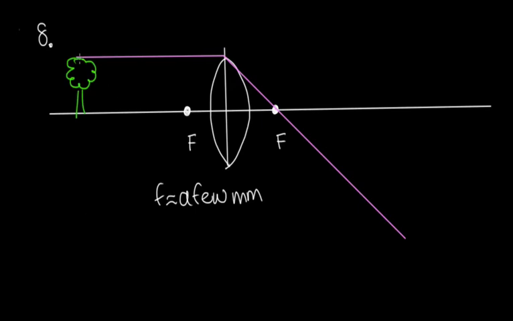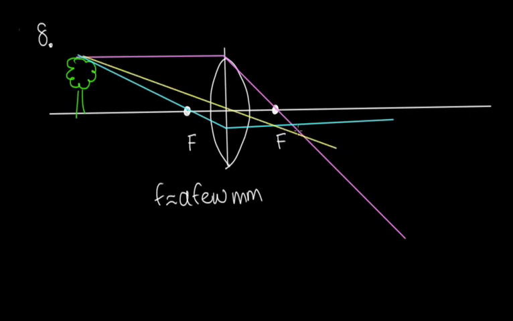Our second primary ray goes through this first focal point, gets to our lens, at which point it goes parallel to the principal axis, and then our third primary ray goes right through the middle of the lens and hopefully keeps going in a straight line.